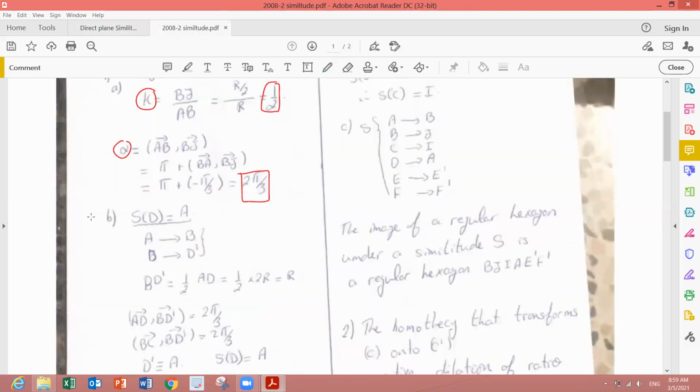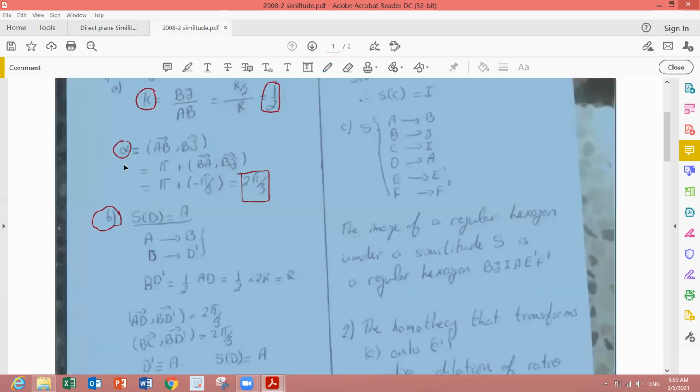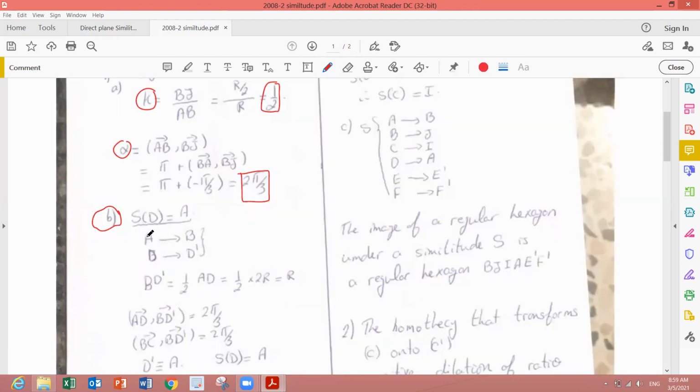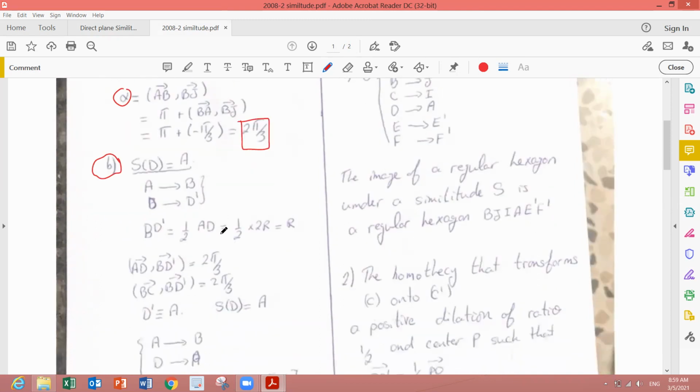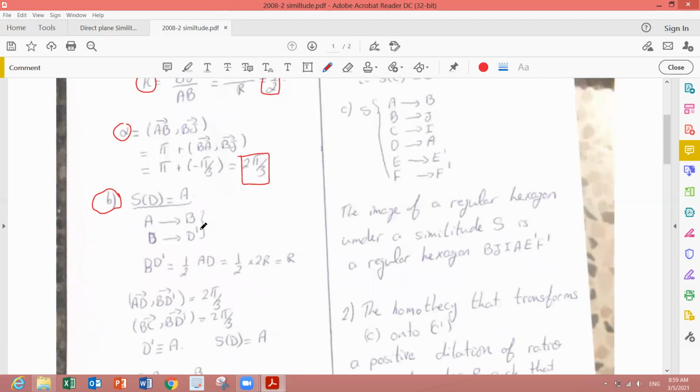So part B. I put A onto B, and I suppose D onto D prime. If D goes onto A, what must we have?